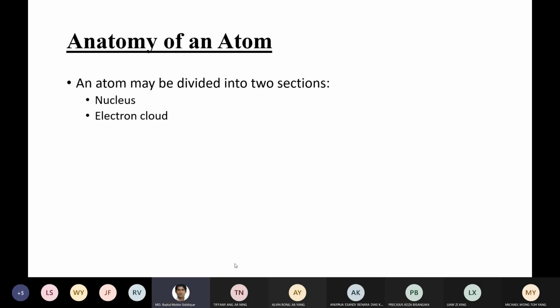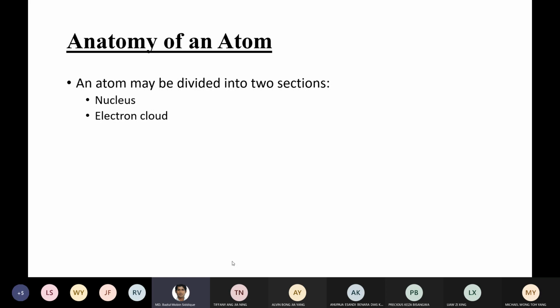If we look at the anatomy of an atom, we are not going into much detail or deeper into it, but we will see that an atom has a nucleus and electron clouds.